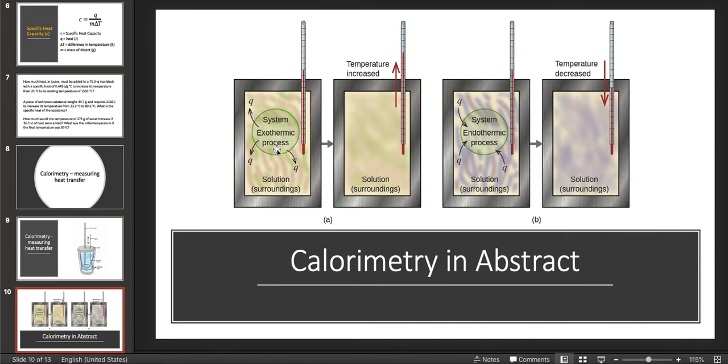I have the heat flow from the hotter object to the cooler object. The temperature is going to rise by a certain amount and no more. And when the temperature increases to a certain point and doesn't change anymore, that means my system and my surrounding have reached thermal equilibrium, so there is no more heat being exchanged between the two.